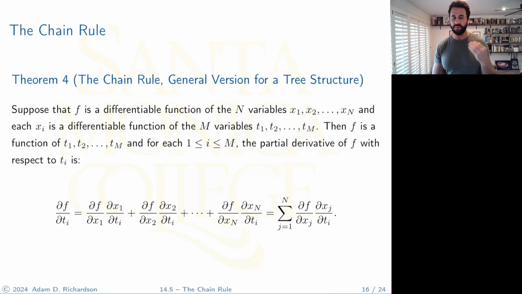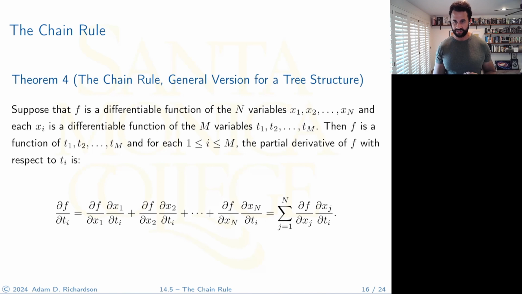And the way that we compute that is we do partial of f with respect to x1 times partial of x1 with respect to ti. Then we add partial f partial x2, partial x2 partial ti. And then we keep going. So notice that the ti here is not changing because we're getting the partial of f with respect to that ti. What is changing is the intermediate variables.